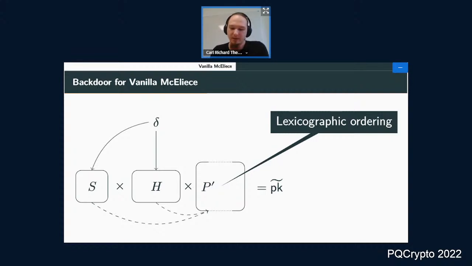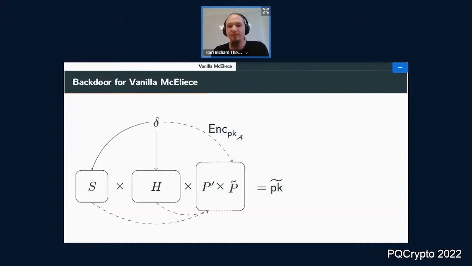Now the critical step is to use that delta encrypted under the adversary's public key, which is embedded somewhere in that substituted implementation, and use that ciphertext to select one permutation out of the n factorial possible permutations.